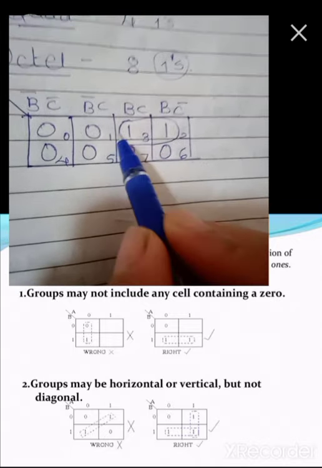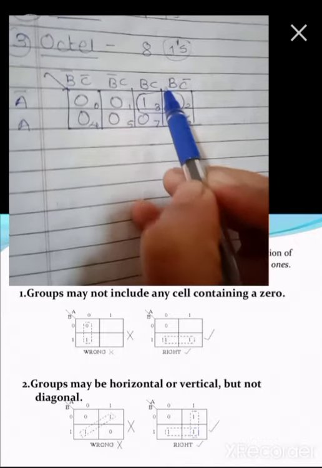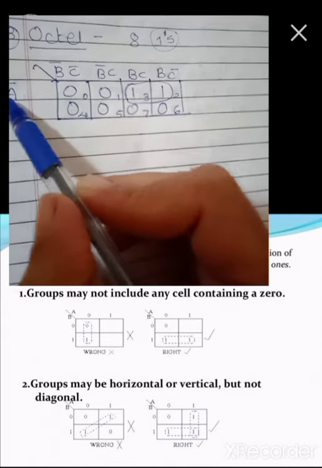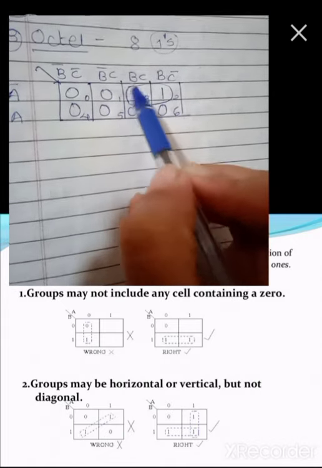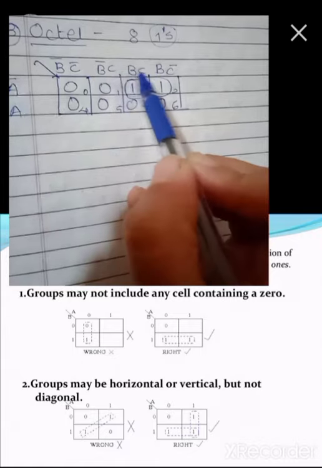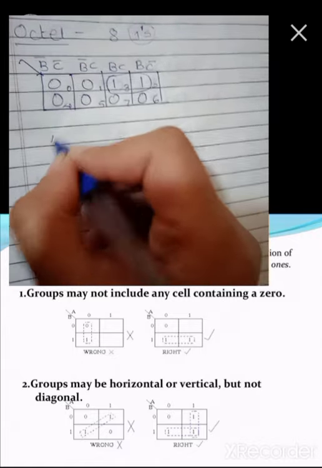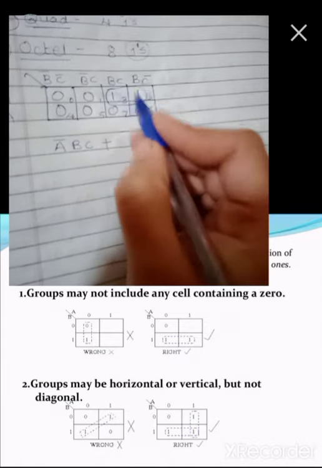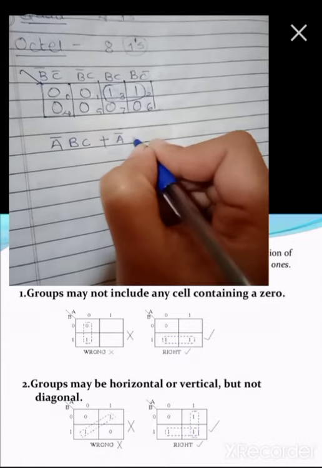Check the contents of row and column. So this one represents A bar B C. So I'll write here A bar B C, plus for this one I'll write A bar B C bar.